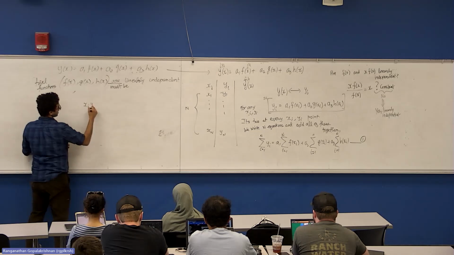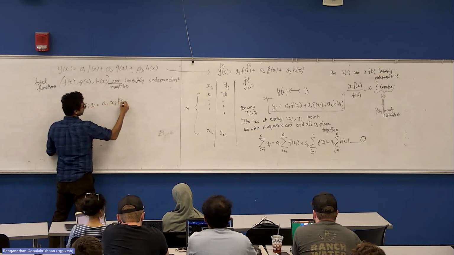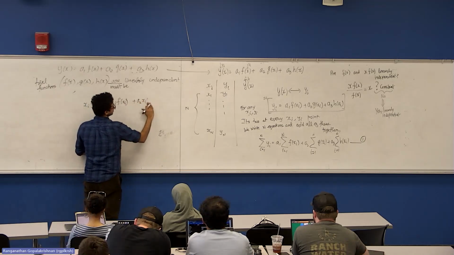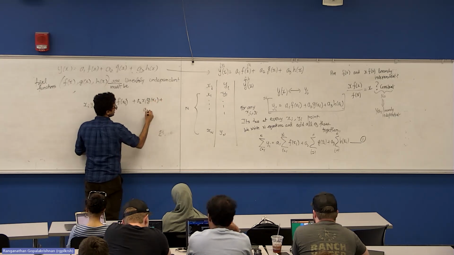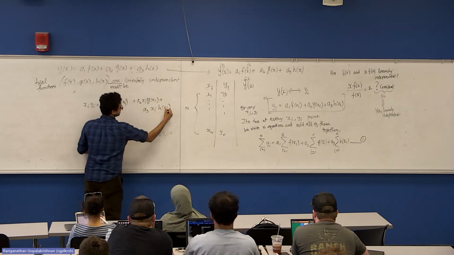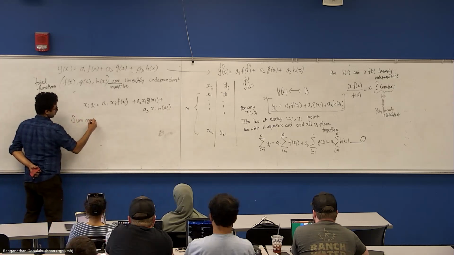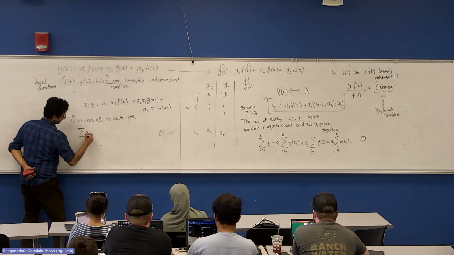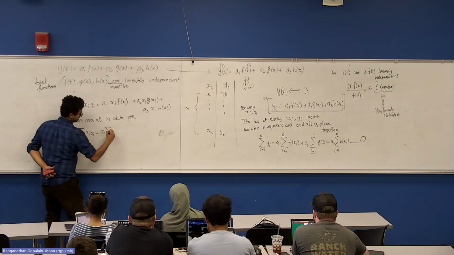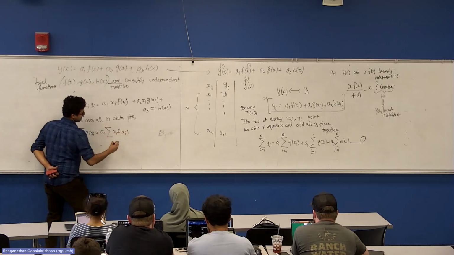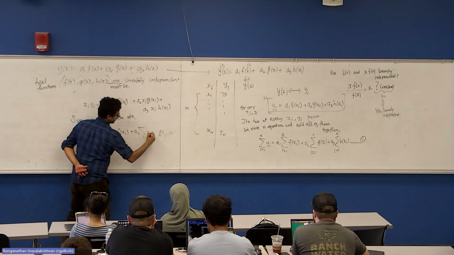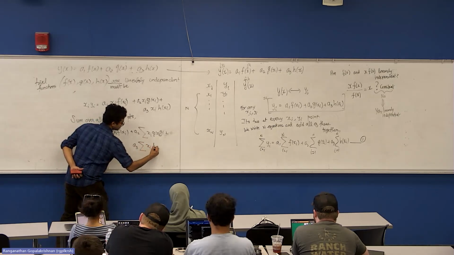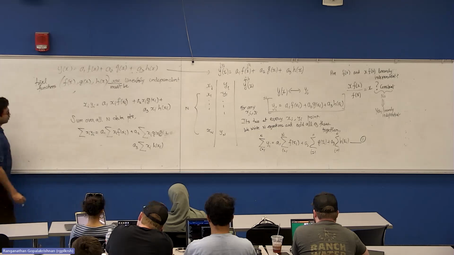So I have xi yi equal to a1 xi f of xi plus a2 xi g of xi plus a3 xi h of xi, and then sum over all n data points, we get sigma xi yi equal to a1 sigma xi f of xi plus a2 sigma xi g of xi plus a3 sigma xi h of xi. So this is equation number 2.